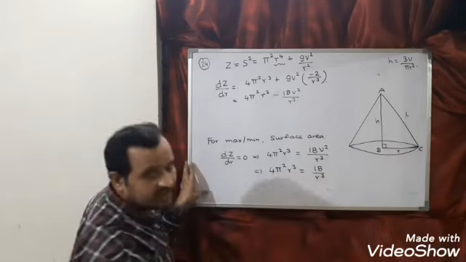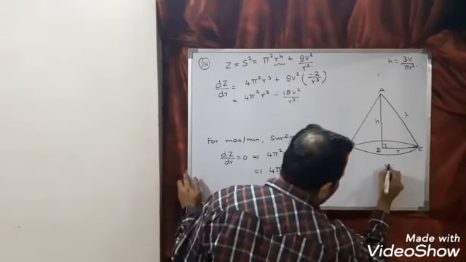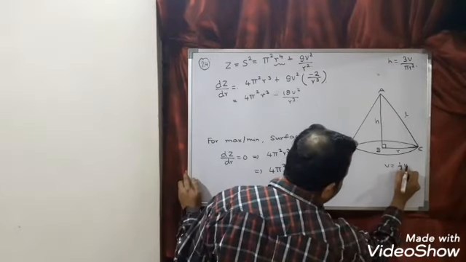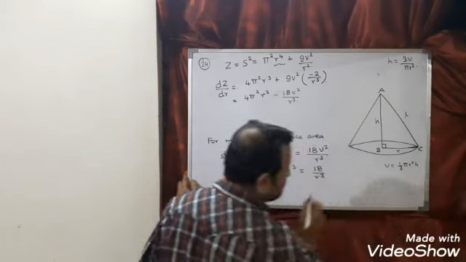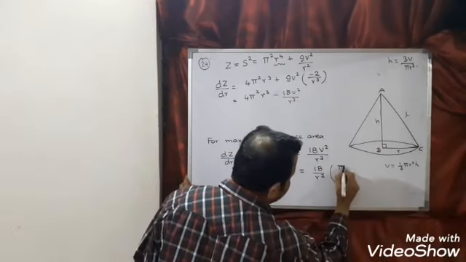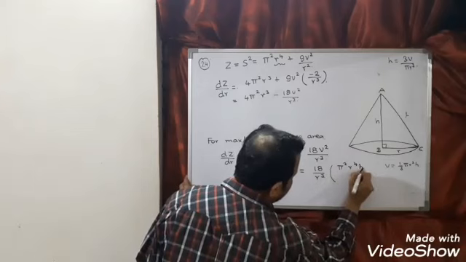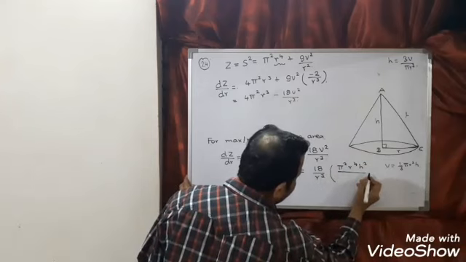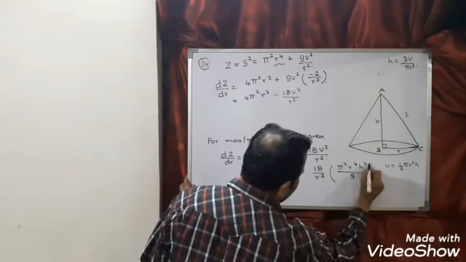What is the volume formula? V is equal to 1 by 3 pi r square h. So calculate volume square. Volume square is nothing but pi square r to the power 4 h square divided by 9.